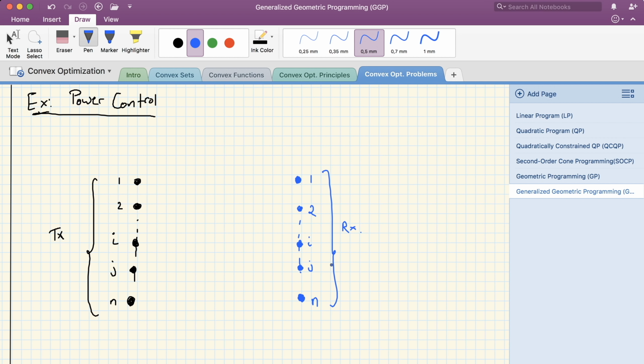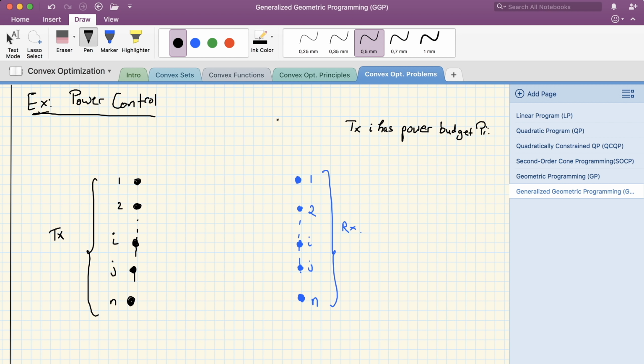So the problem tells us that each of the transmitters transmit at power levels P1, P2 down to Pn, okay? So the game here is that transmitter i has power budget Pi.